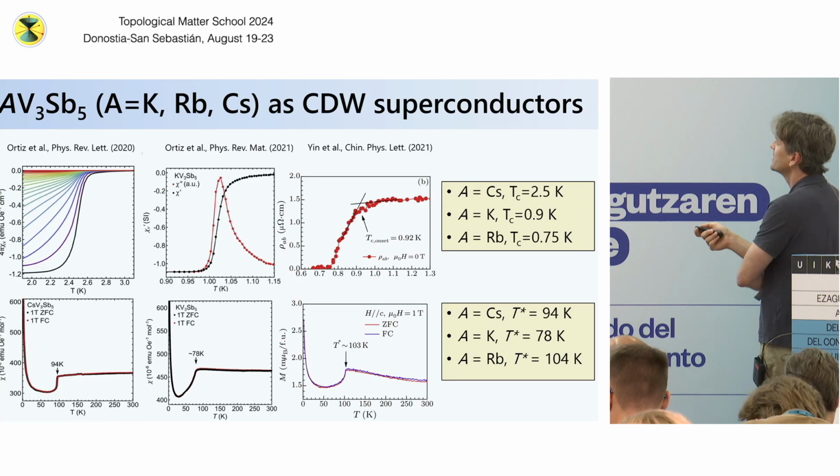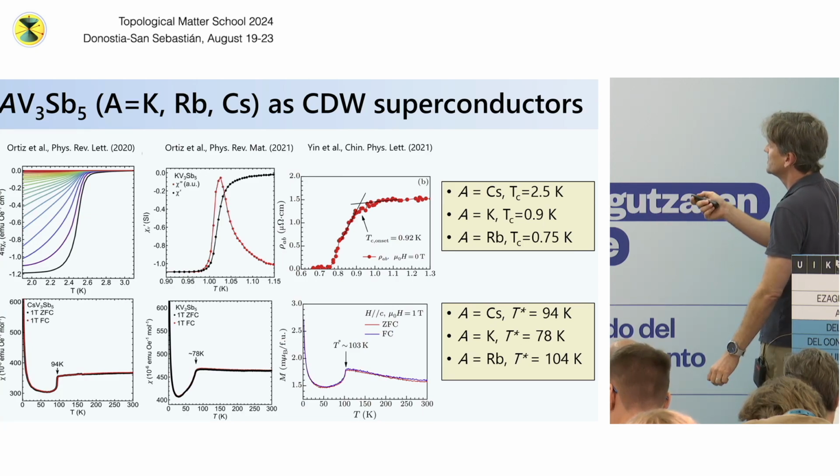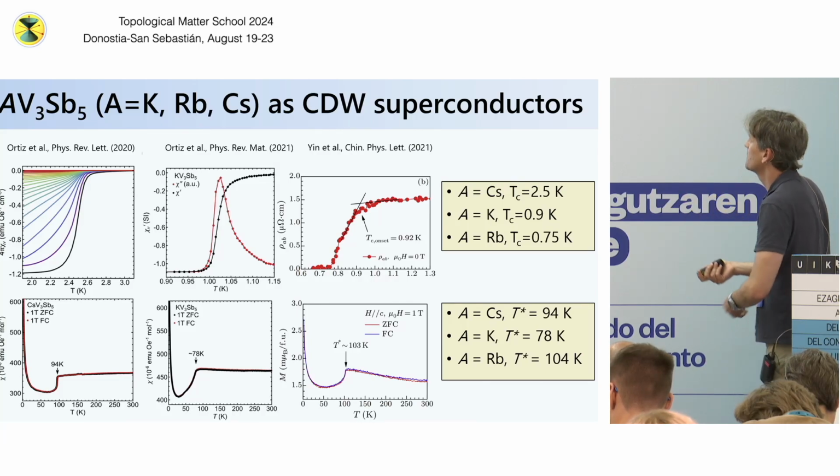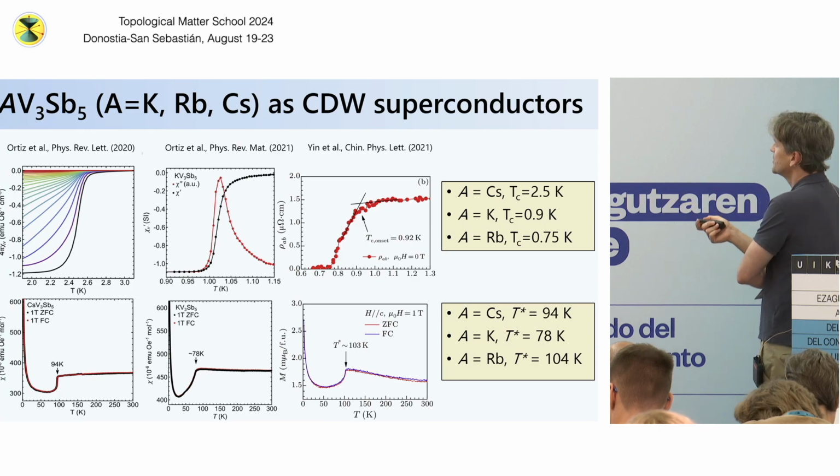Here I'm just showing you plots of each compound. This one is the cesium, this is potassium, and this is rubidium. This is susceptibility or resistivity as a function of temperature, showing that at low temperature these systems become superconductors. At higher temperatures, near 100 Kelvin, all 3 systems show qualitatively similar responses.